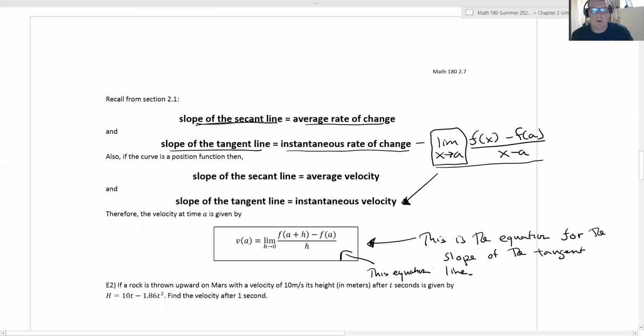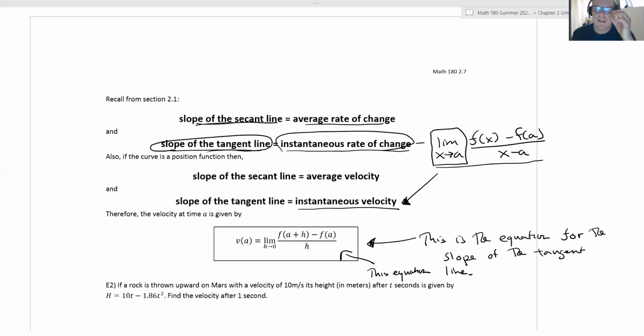So instantaneous velocity, the slope of the tangent line, instantaneous rate of change, they're all the same thing. They're all called the derivative. And the only difference between what we're doing here in 2.7 and 2.8 is that this one is going to be derivatives at points, and 2.8 is derivatives along the entire function. Got that?